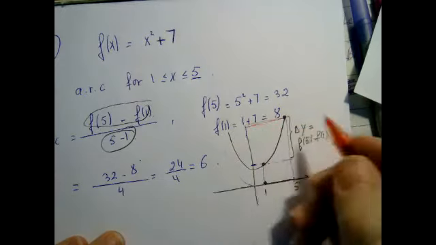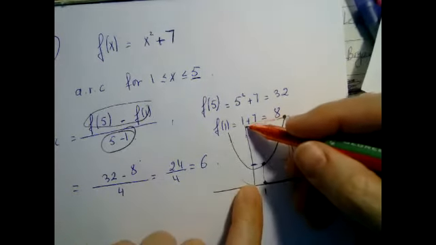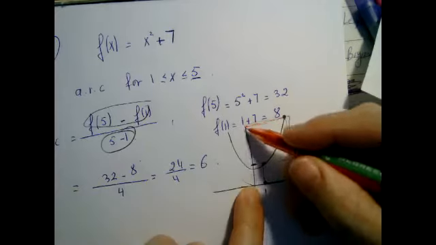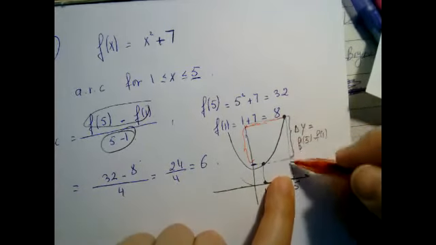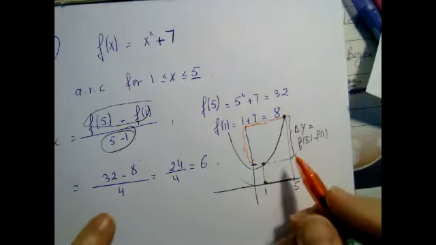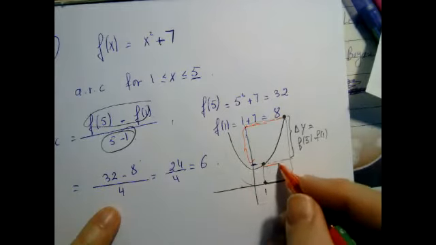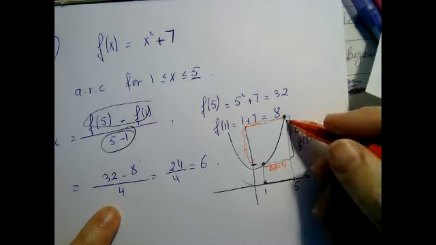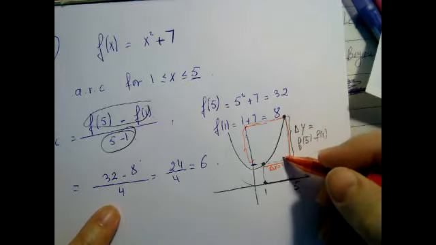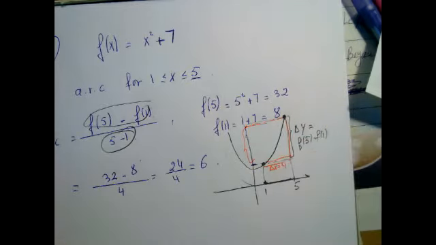It's right there. So you're taking the difference, f of 5 minus f of 1, you're basically telling me how much your output changed. And 5 minus 1 is how much your input has changed. And it's the ratio, change of output over change in input. That's the picture for this problem.